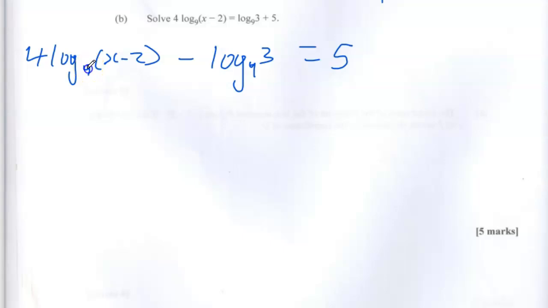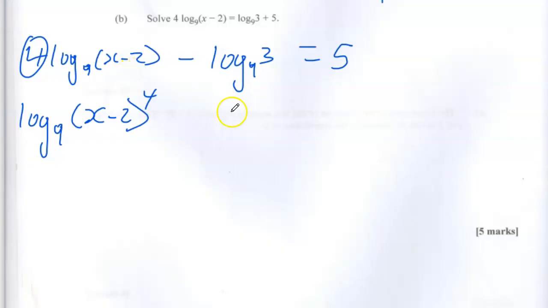Now there's a law of logarithm that says whatever the coefficient is, this coefficient, this 4, I can make it the power here. So I can rewrite it like this: log of x minus 2 to the power of 4 base 9. And that's one of the laws of logarithm. Alright, minus log 3 base 9 equal to 5.